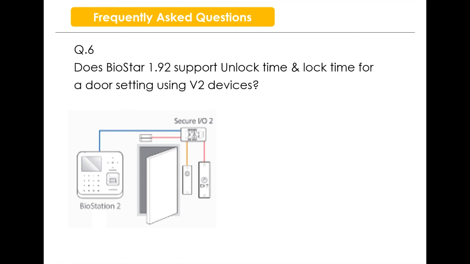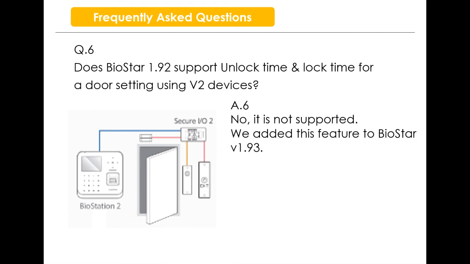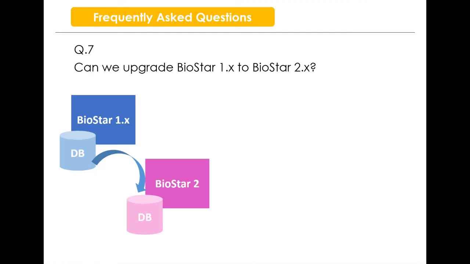Next question is the unlock time and lock time of a v2 door in BioStar 1.92. To extend the BioStar 1 version, we released BioStar 1.92 to add v2 devices, but only basic features were supported. Recently, we released BioStar 1.93 and it supports unlock time and lock time.